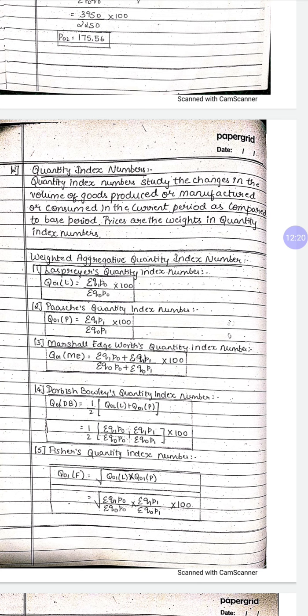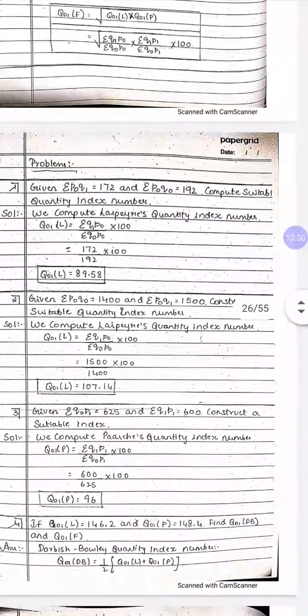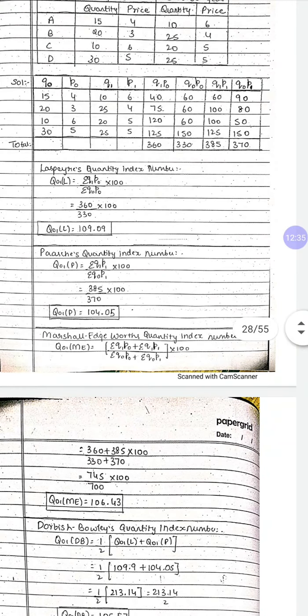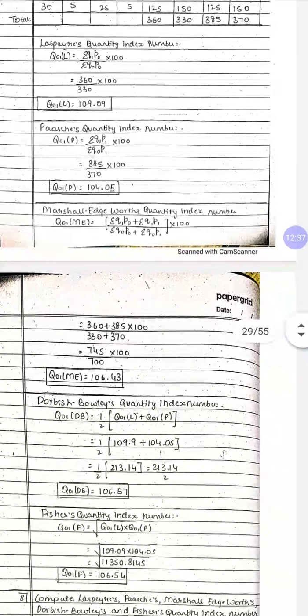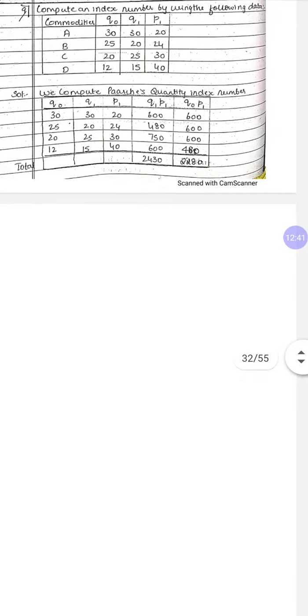So you will interchange the values. In place of P you will put Q, in place of Q you will put P. Same thing, and problems also go like that only, your PQ will be interchanged here.